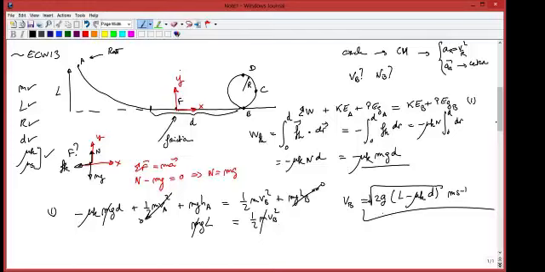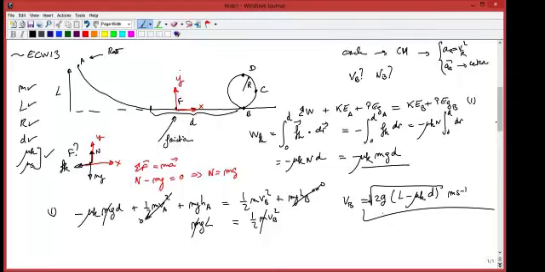Every time the problem asks you to calculate the velocity, always think energy. Sure, you could use Newton. But if you use Newton, first you have to do a whole Newton analysis, but Newton will only give you acceleration. Then you have to add kinematics. That sounds like a lot of work. Rather, you could bypass those two different methods by just doing energy, one line.